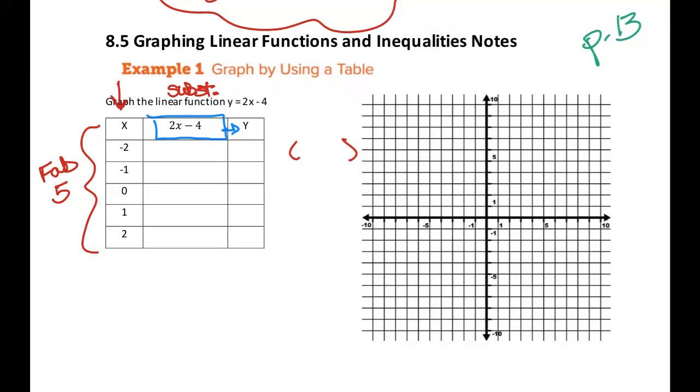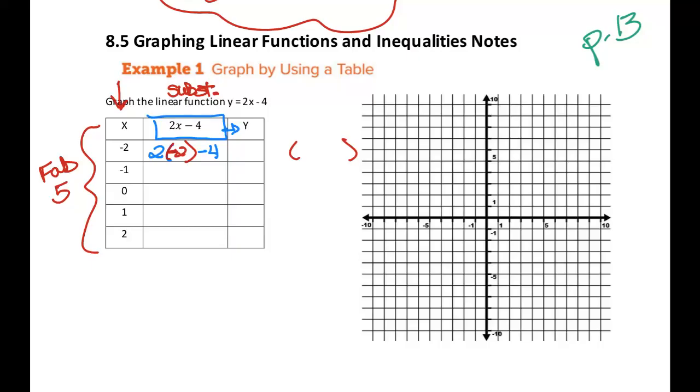So I am going to start with 2 times my X value of -2, and then -4. So 2 times -2, and this is where, if you're not great with the mathematics, you might want to grab a calculator. 2 times -2 is -4.